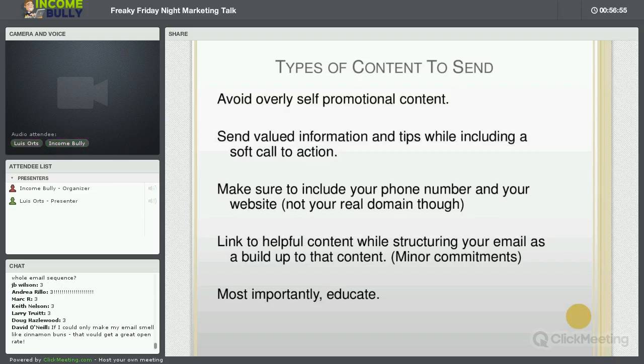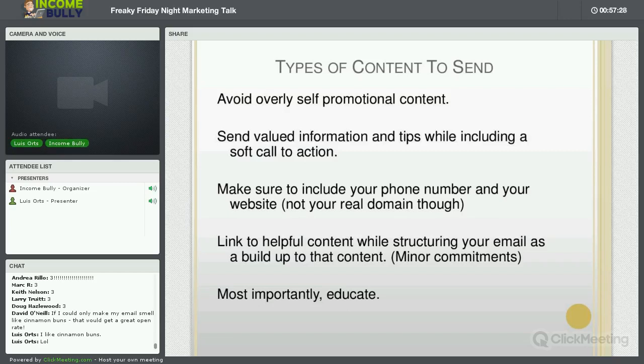You want to send valuable information and tips while including a soft call to action. That's what I do. It's almost like a blog post, but a little bit shorter, showing actionable information to the business owner. So if they're getting an email from me for the first time, they're less likely to hit spam or unsubscribe because I'm giving them valuable information that they could implement themselves.